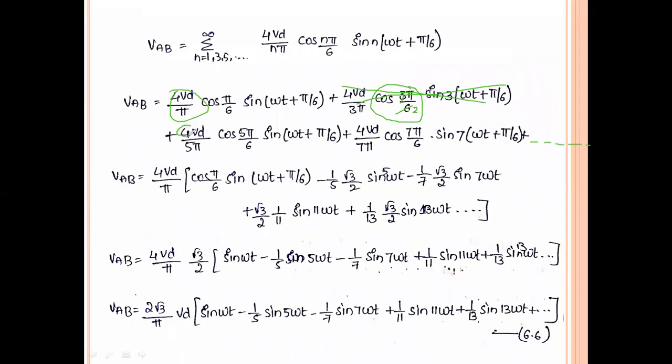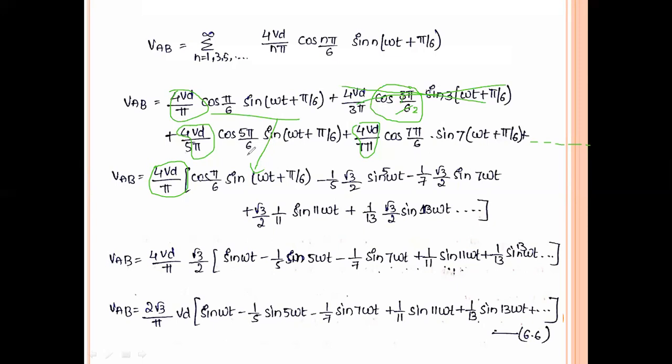Similarly, here also you can see 4 by pi into Vd in the fifth term. Here also 4 by pi into Vd in the seventh term. So in each and every term we will get 4 by pi into Vd. So we can take 4 by pi into Vd as a common term. And next cos pi by 6, this term right here as it is. And this third term has been eliminated.